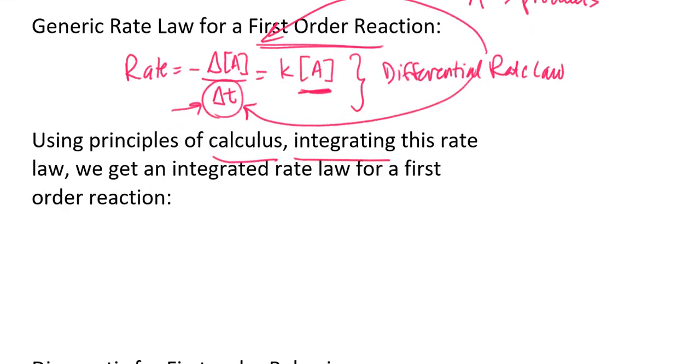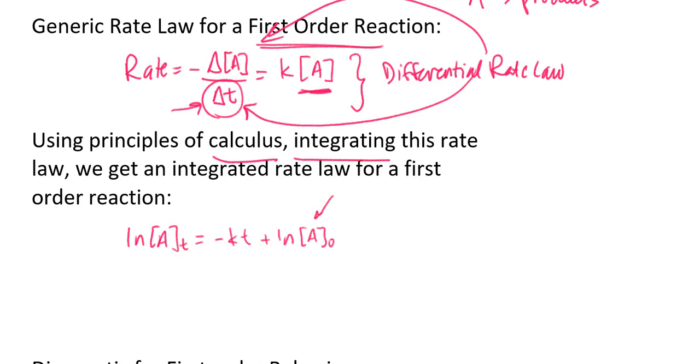As I was showing you before, for a first order reaction equation, basically the integrated rate law would be the natural log of the concentration of A at time t. That's equal to negative kt plus natural log of A at time 0.